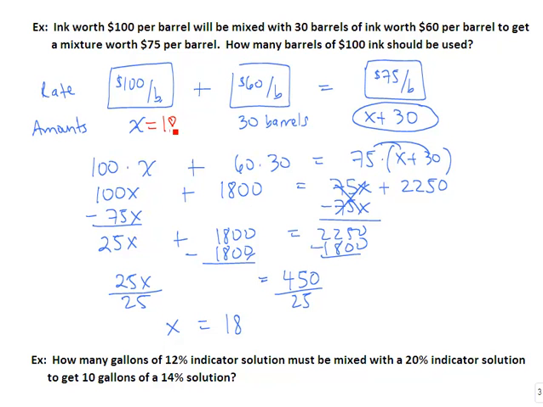So this is our amount of barrels that we need to have so that we can get the right concentration. So our final solution is we need 18 barrels of the $100 per barrel ink.